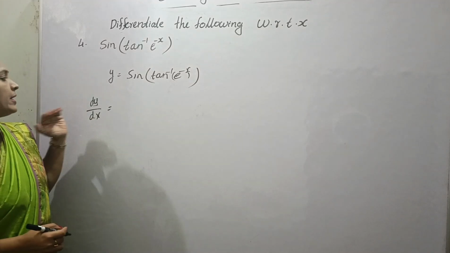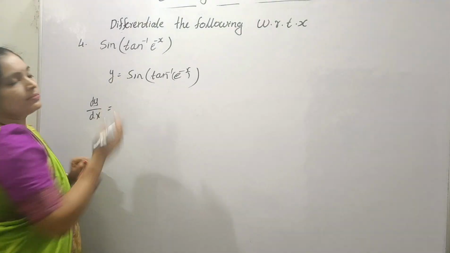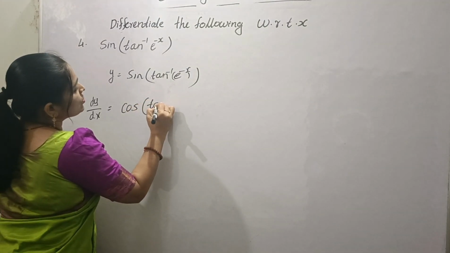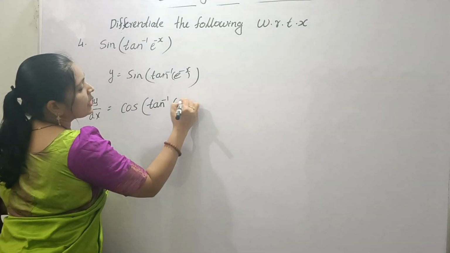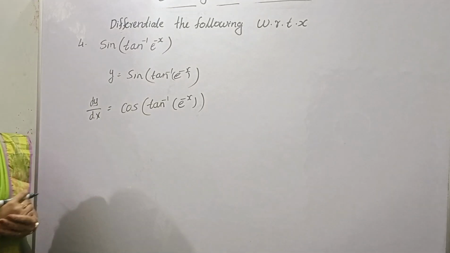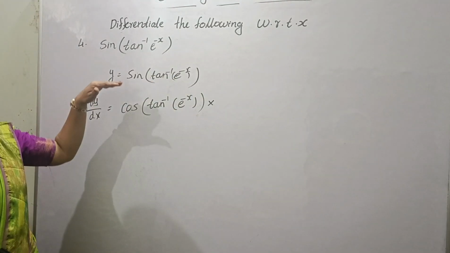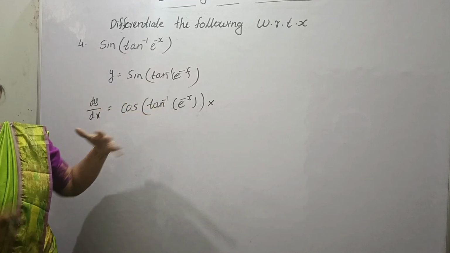So what is the derivative of this function? Derivative of sine is cos. Cos of tan inverse e raised to minus x, because derivative of sin x is cos x.